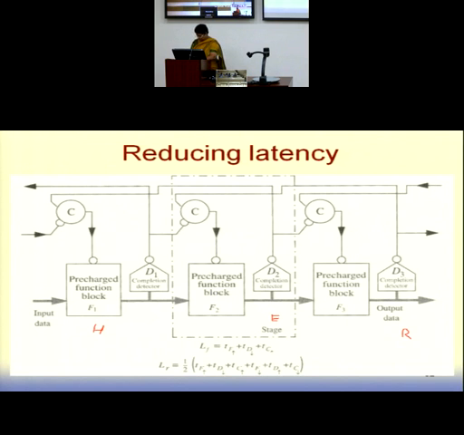Now, I want to reduce the latency. The aim is either to design such a way that each component is reduced: reduce TF, reduce TD, reduce TC. Or the second approach is to knock off terms from the latency expression. Suppose I have LF only as TC, and knock off TF and TD.